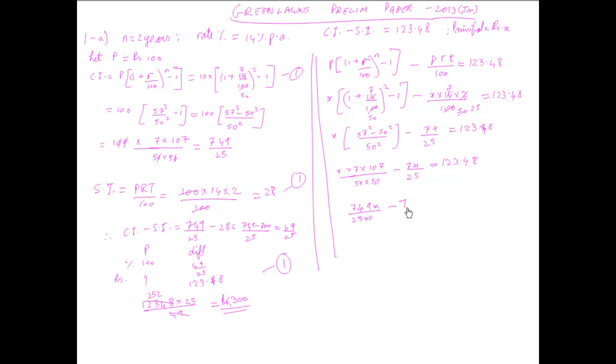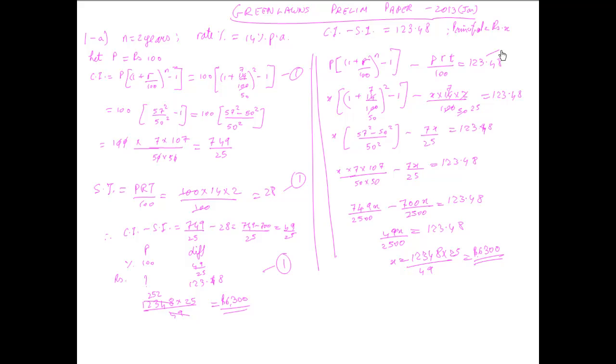You multiplied by 100 to make the denominator 2500, and of course that still gives us the same thing back. 749x upon 2500 is equal to 123 rupees 48 paise. That's x is equal to 123 rupees 48 paise into 25 upon 49. That's exactly where we came at this step, which would yield us an answer of rupees 6300.